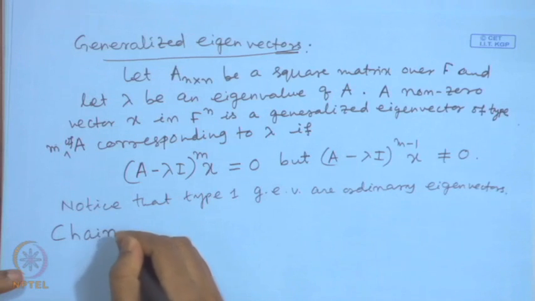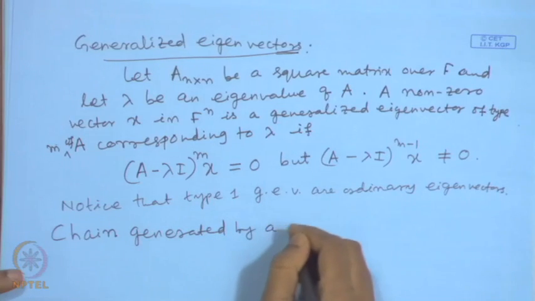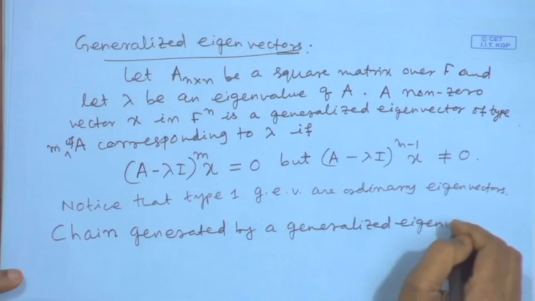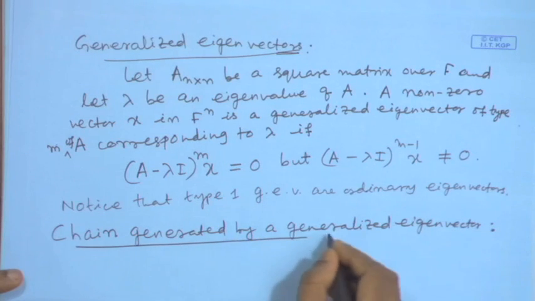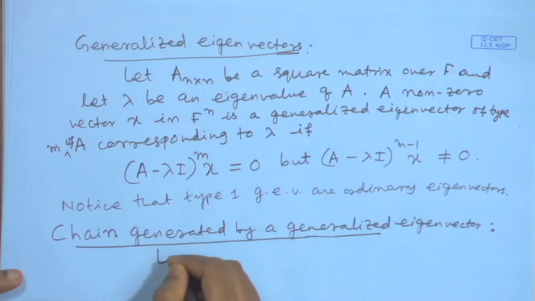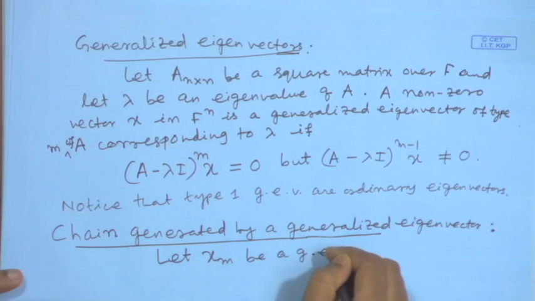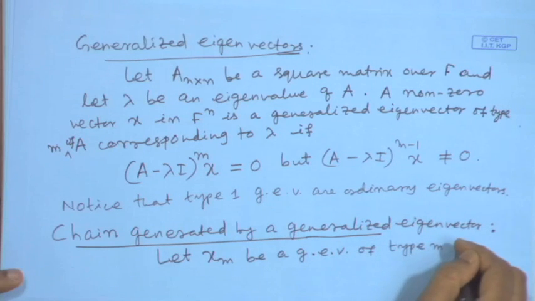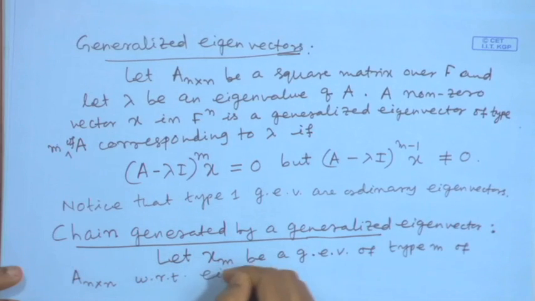So, we get this chain generated by a generalized eigenvector, and here we consider x_m, let x_m be a generalized eigenvector of type m of a square matrix A, with respect to eigenvalue lambda.